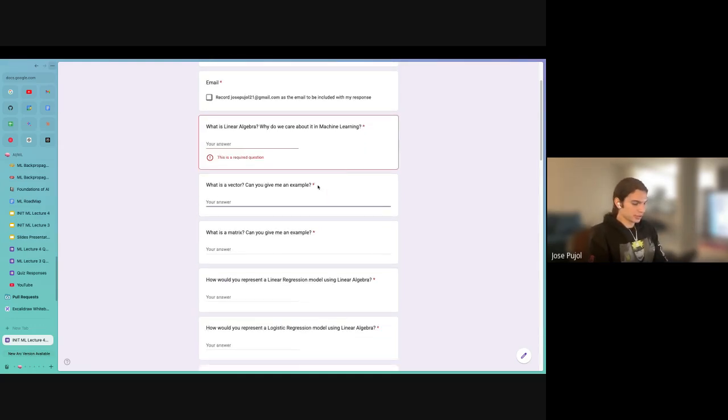A vector, as you know from maybe physics, has a magnitude and a direction. But I guess you could really look at it as there's a point in space and you want to know how to get to that point. An example of a vector, you could simply give me 3 coordinates, 1, 2, 3.